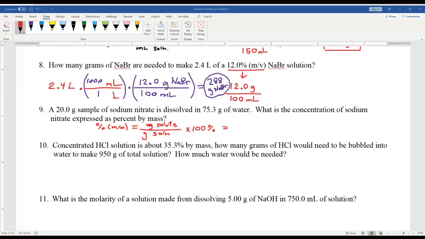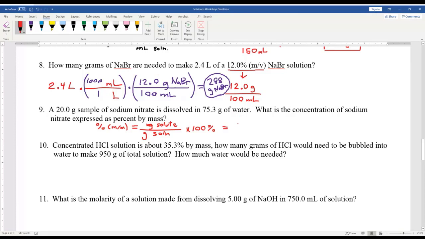In this case, water is the greater amount, so that would be your solvent. Usually that's how it works. But also the key word is dissolved in. The solute is always dissolved in the solvent. So good eye on that. So you know that the 20 grams is the solute.